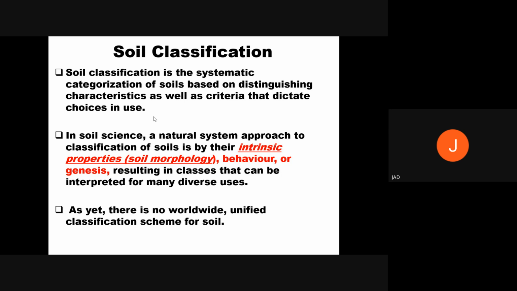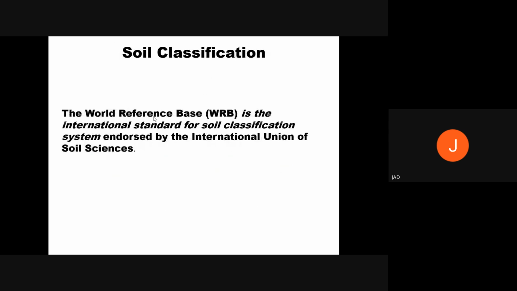Americans have their own way, and those in the British colony also have the way they classify soil. So we have what we call the World Reference Base, an international standard for soil classification endorsed by the International Union of Soil Science. So please take note of this.